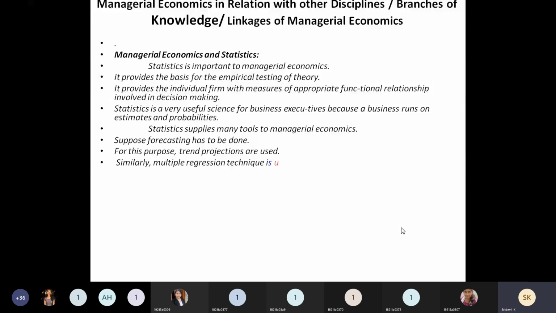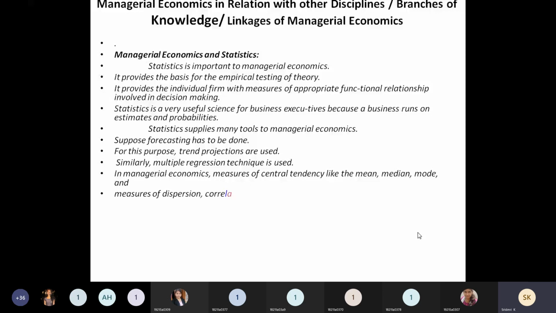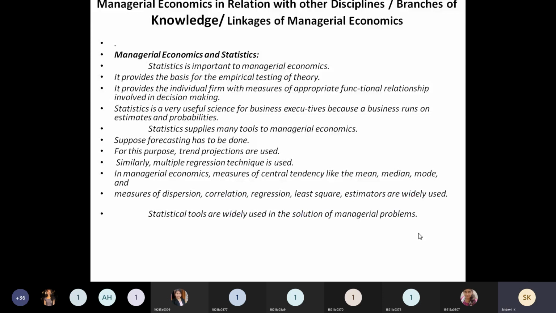So you need to analyze and find out how the sales will be changing. Mean, median, mode, all these things come under statistics, where you are going to apply correlation, regression, least square methods. With these techniques you are going to forecast the sales, which come under the statistical tools.